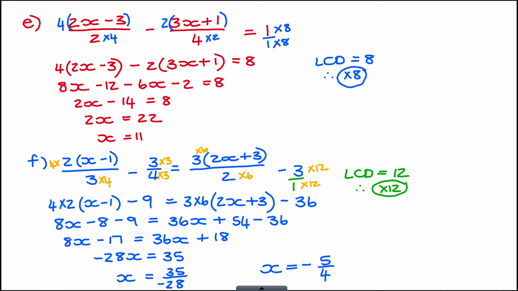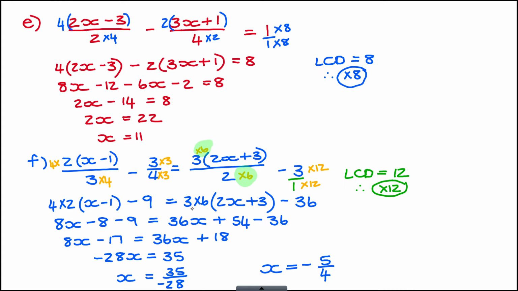The second term, I had to multiply with 3 to get 12 at the bottom. So I've got to do the same at the top. And 3 times 3 gives me 9. Then after the equal sign, my denominator was 2. I've got to make it 12, so I'm going to multiply with 6. And if I do it at the bottom, I've got to do it at the top.